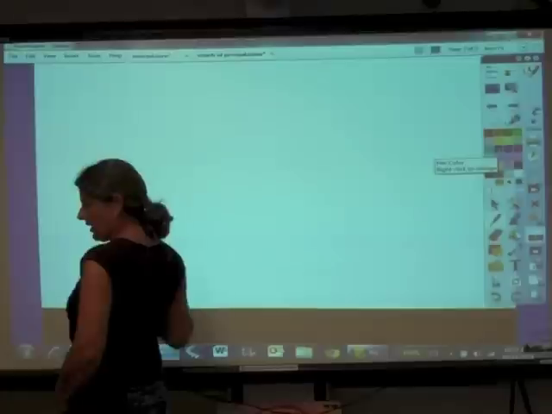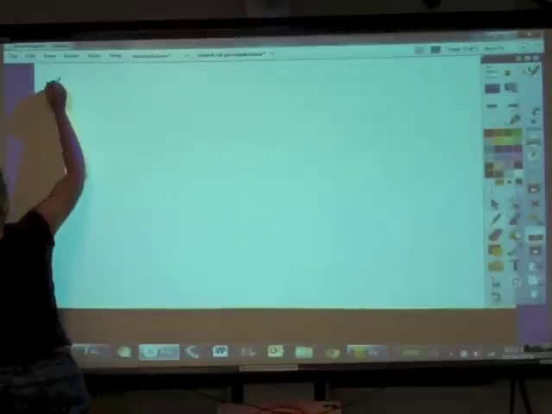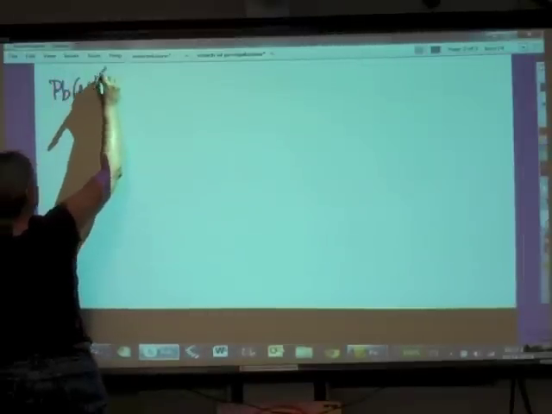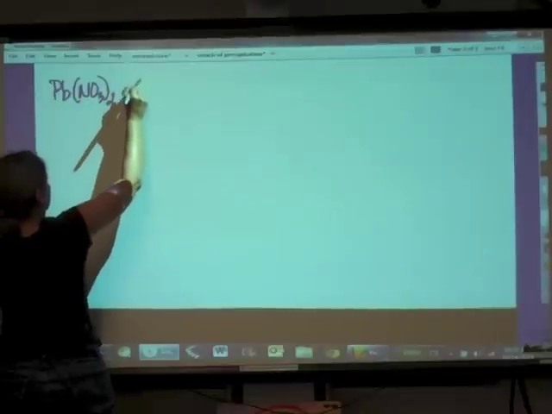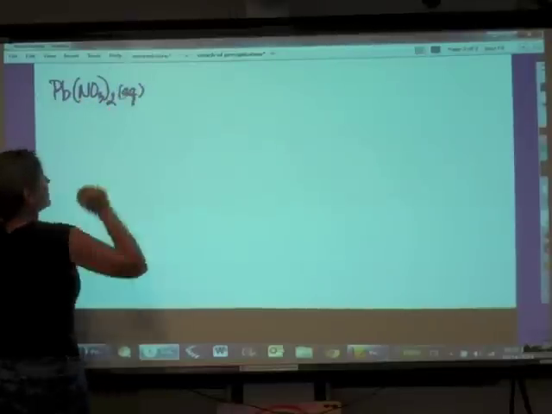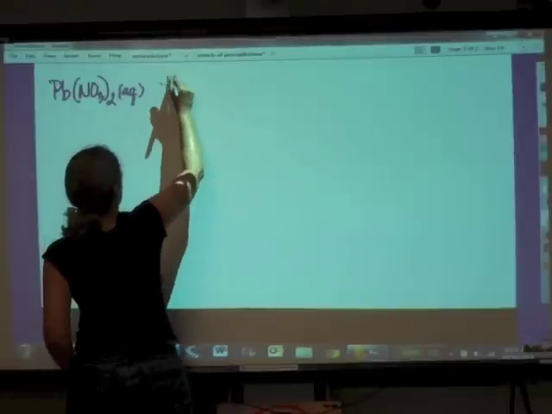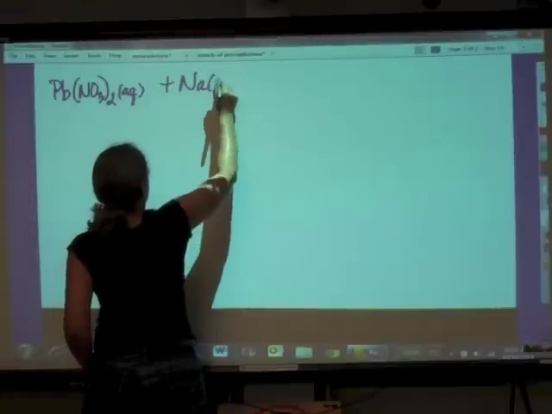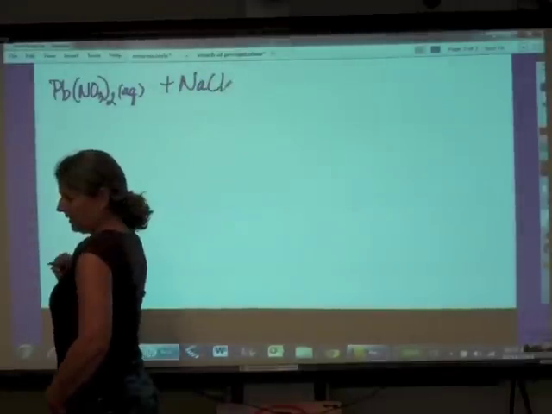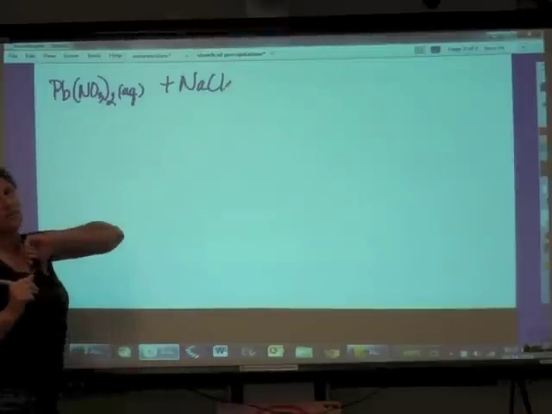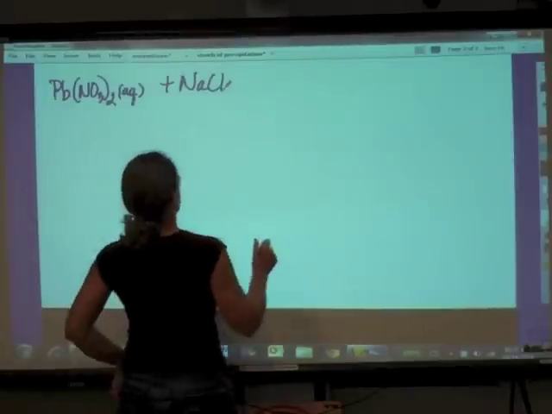So I have lead-2 nitrate in its solution, so it's aqueous, and we're going to add some sodium chloride. Now, it says solid sodium chloride, but as soon as we add it to this, it's going to become what? It's going to become aqueous.